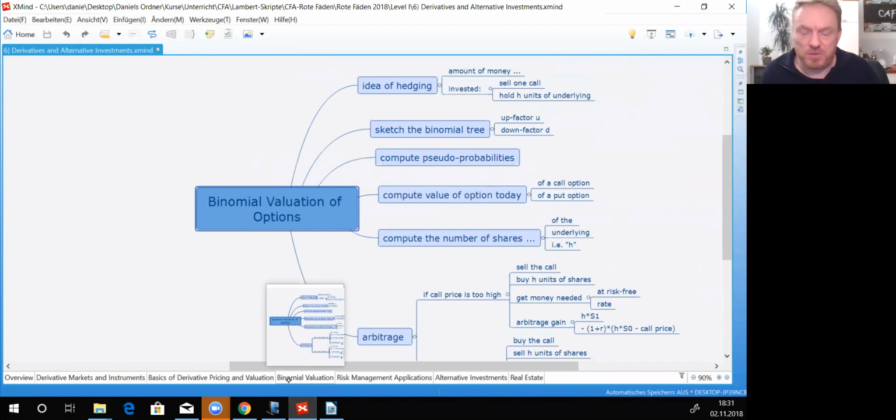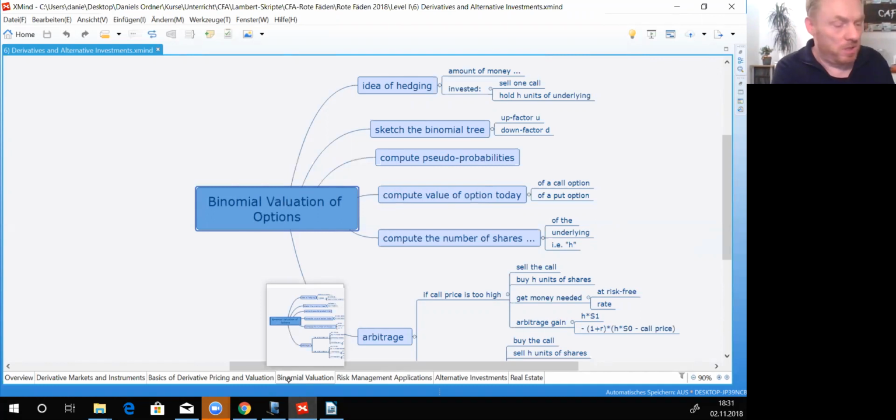Third, compute the pseudo probabilities, pi and 1 minus pi. Fourth, compute the value of the option today. There's a little formula. And compute the number of shares of the underlying that you are going to hold, because if you need to calculate the arbitrage gain, it's important to have computed the small letter h.